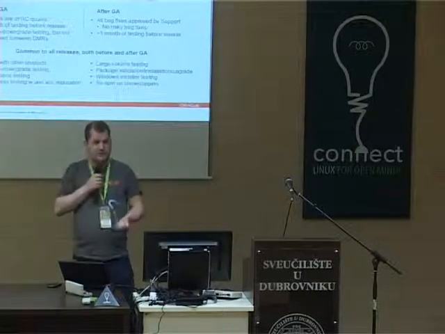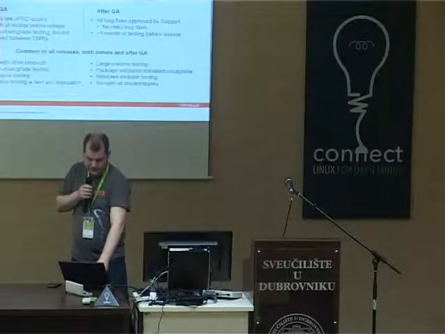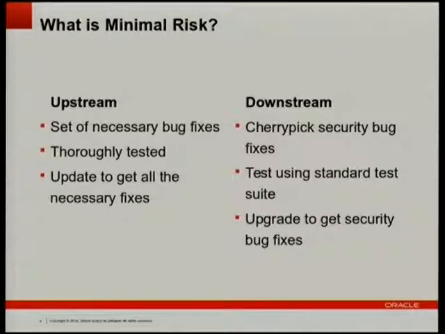So Linux distros want minimal risks to stable distributions. So what is minimal risk? We try to fix only the necessary bugs. What we deem necessary. That might not be the same what you call necessary, but that's what we think is necessary. We thoroughly test everything.